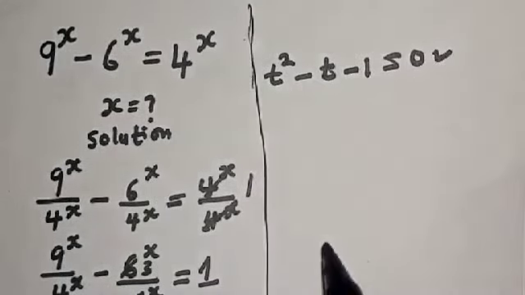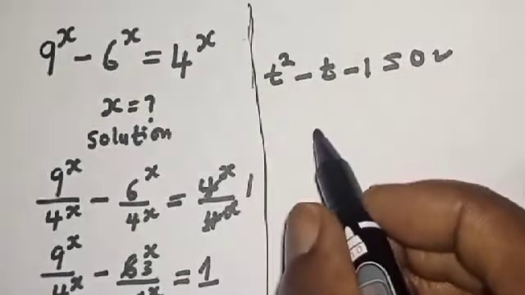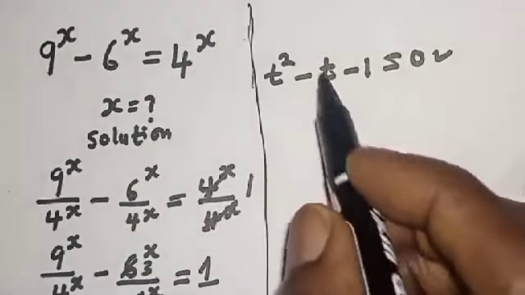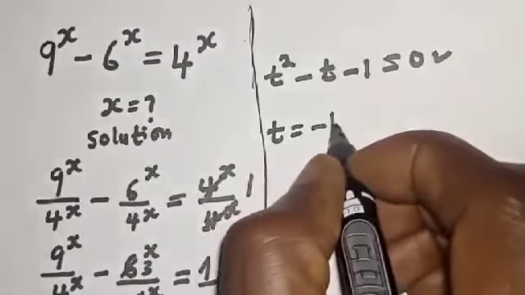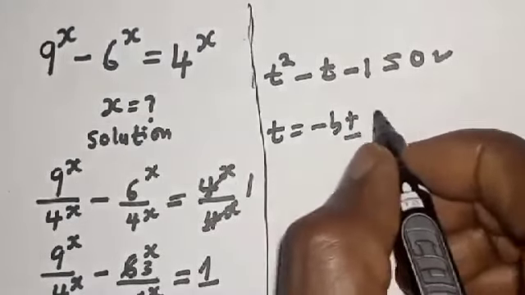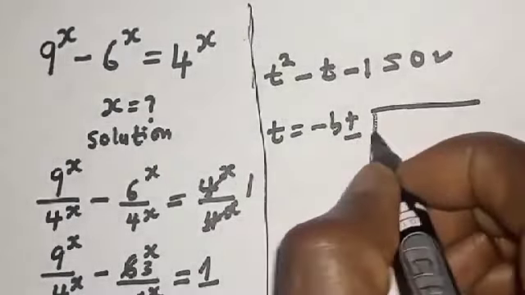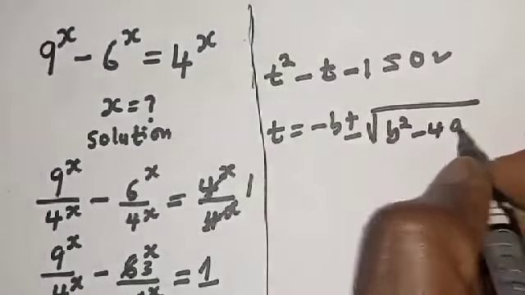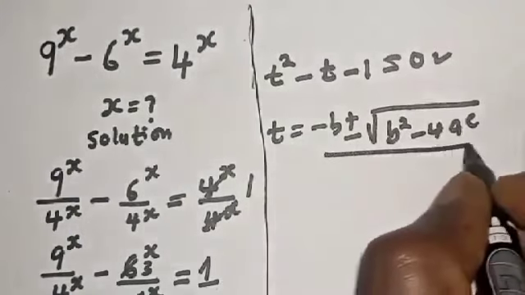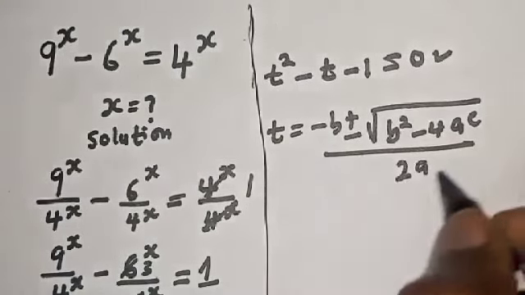This is a quadratic equation which can be solved using the quadratic general formula. And our quadratic general formula is given in this form as t is equal to minus b plus or minus square root of b squared minus 4ac over 2a.